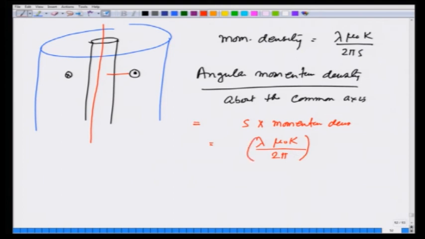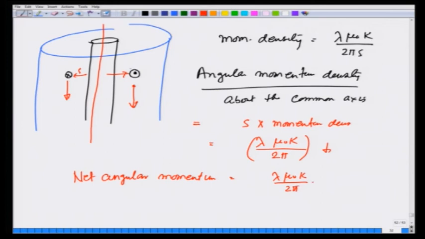Okay. How about the net angular momentum content? So, net at this point, the direction of the angular momentum density is pointing down, because this is S cross k, pointing down. On this side also, S cross k is pointing down, all right. So, this is pointing down, and net angular momentum therefore is going to be lambda mu 0 k over 2 pi.